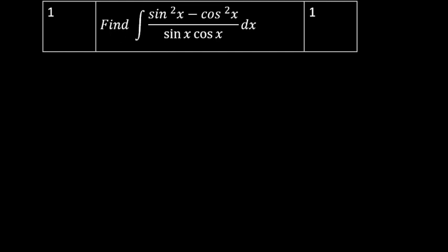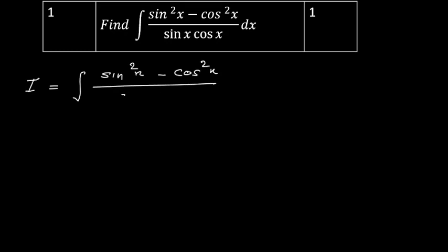cos x dx. So what you can do here, your integration I, we denote I for integration. I is sin square x minus cos square x whole divided by sin x into cos x into dx.